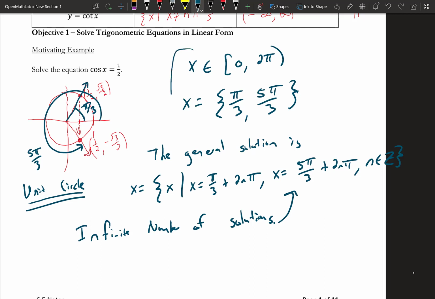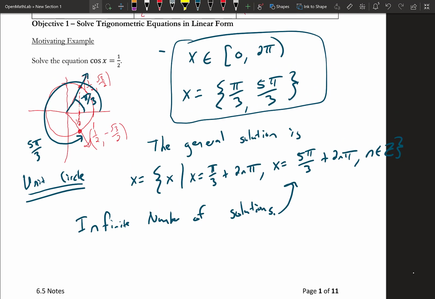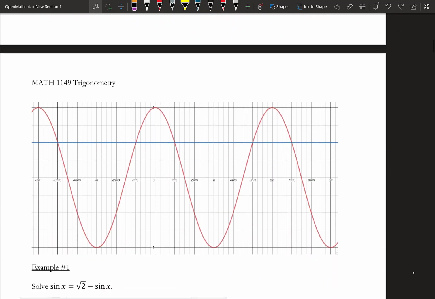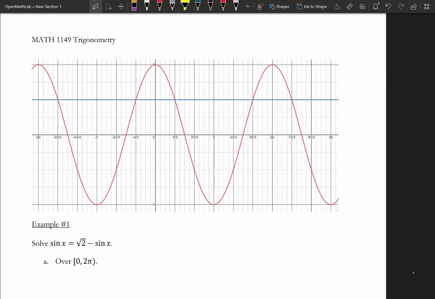If we're bounded in just one full rotation, like here that I put in the box, then there's only two solutions. But if we're not restricting the domain at all, then there's an infinite number of solutions. And if we look on the next page, I actually have a printout from Desmos that shows this graph. So what we're trying to solve for is when is cosine of x equal to a half.